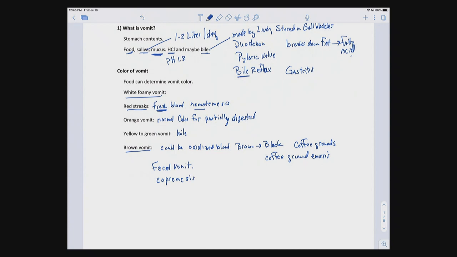Another would be feculent vomiting, or feculent emesis. And another term would be stercoraceous vomiting.